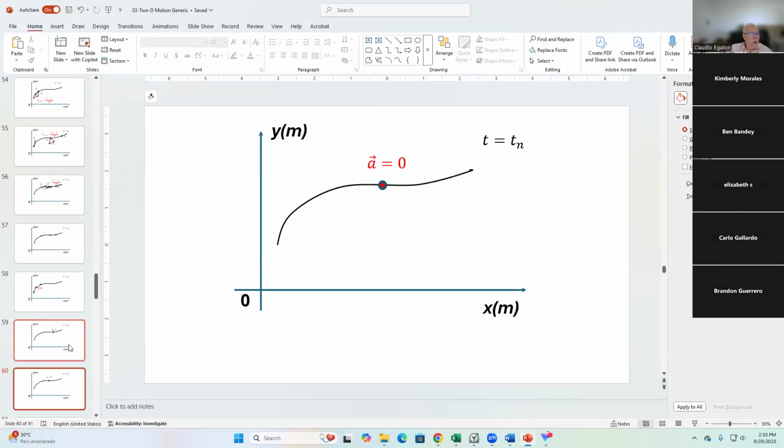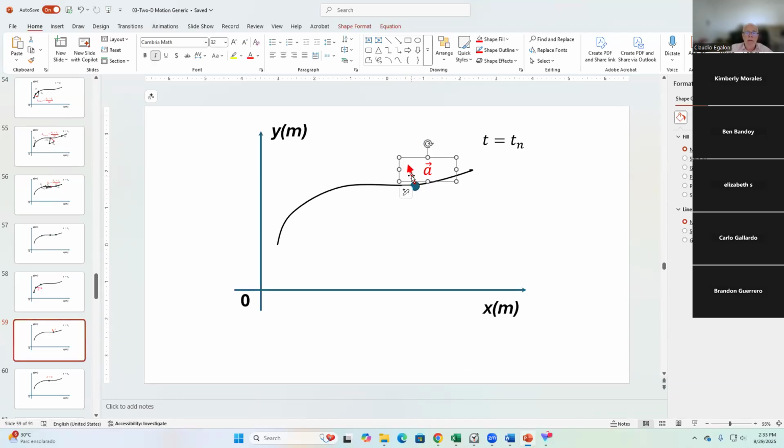Like I said, in the other case, we do not know exactly the direction of this acceleration vector, but we do know that it's going to be towards the center of the concavity. And towards the center of concavity can be any direction like that, like that, like that.